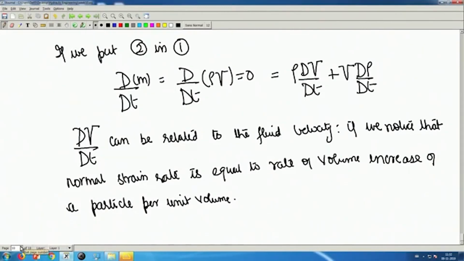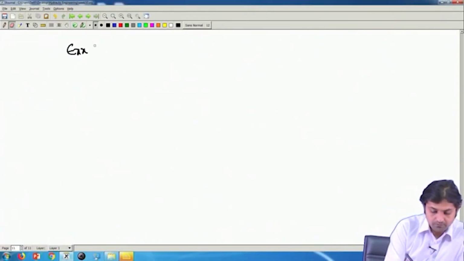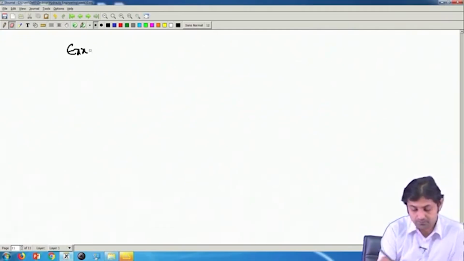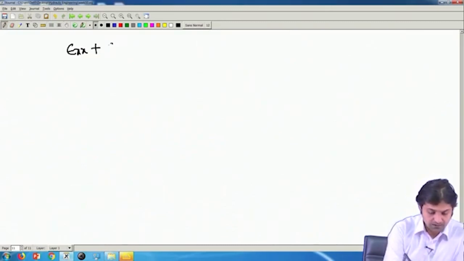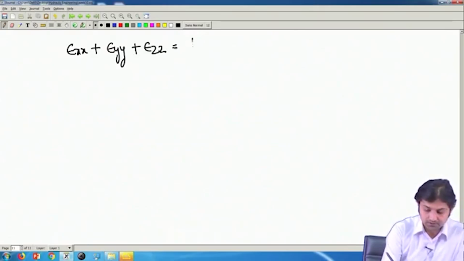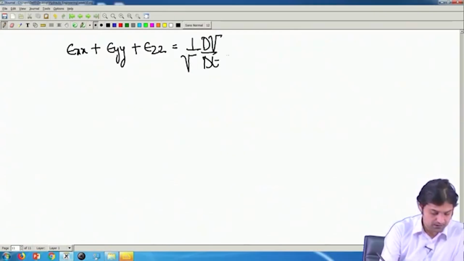So we go to another page. That means epsilon xx plus epsilon yy plus epsilon zz is equal to, this is the definition, 1 by V dV/dt. All right.